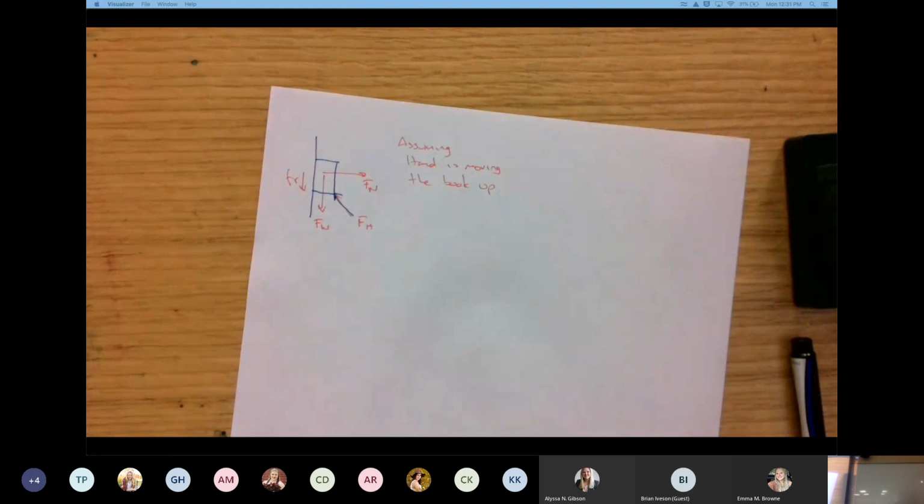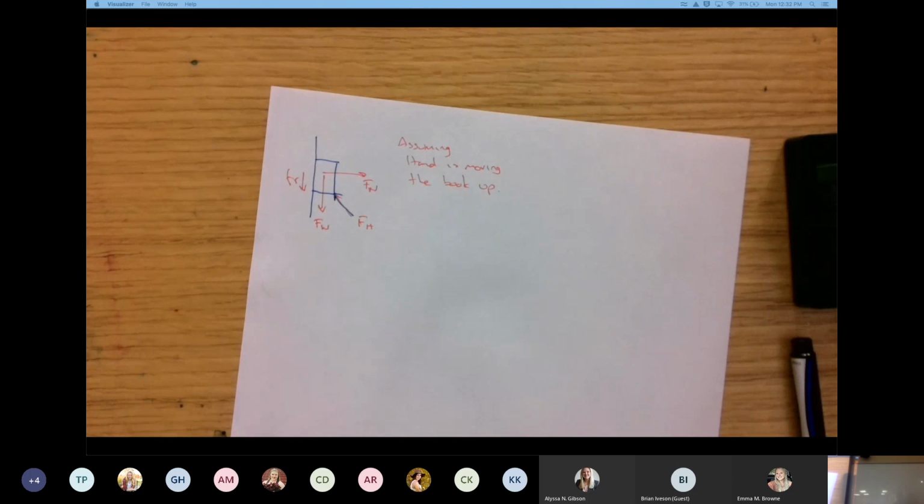If you assume, for example, that the book is really heavy and the hand is only slowing it down, and the book is actually moving down, then the friction will go in the opposite direction. But if we assume that it's a normal book and you are pushing, then the friction is going to go down.